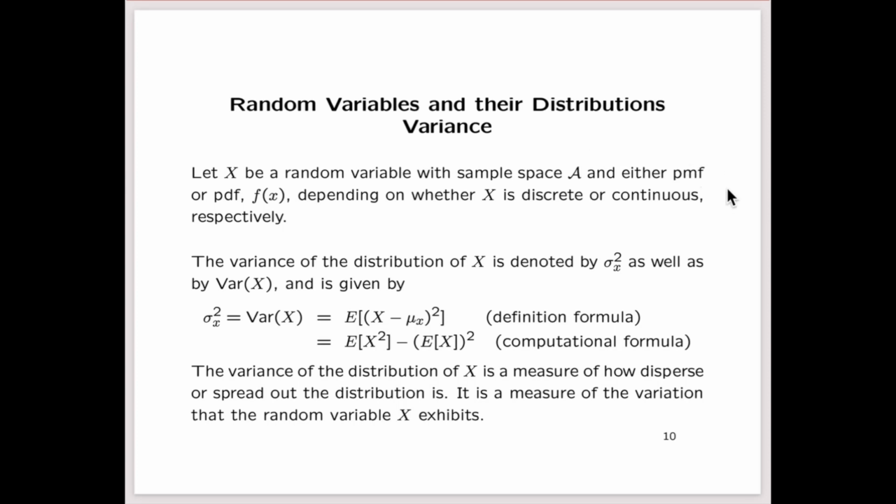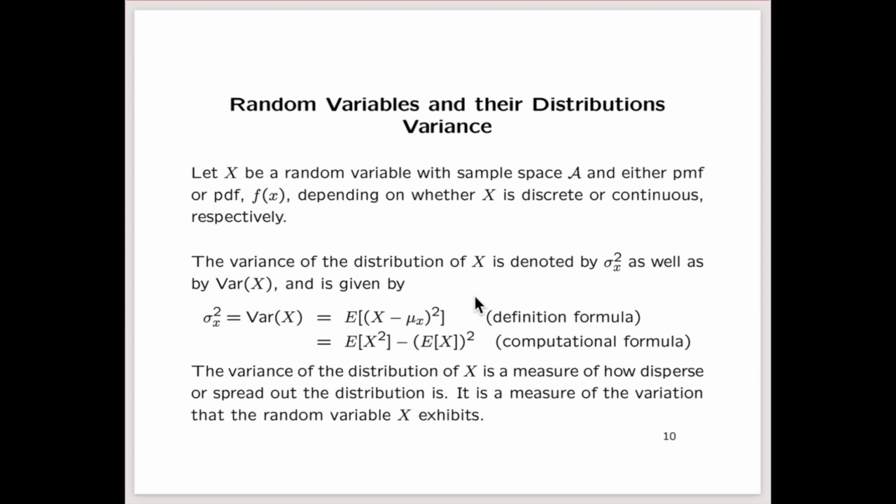This is also defined in terms of expectation. So the variance of the distribution of x will be denoted in a couple ways. Sigma squared sub x is one way to denote this, and then var of x is the other notation that is commonly used. And it's defined in terms of expectation in the following way.